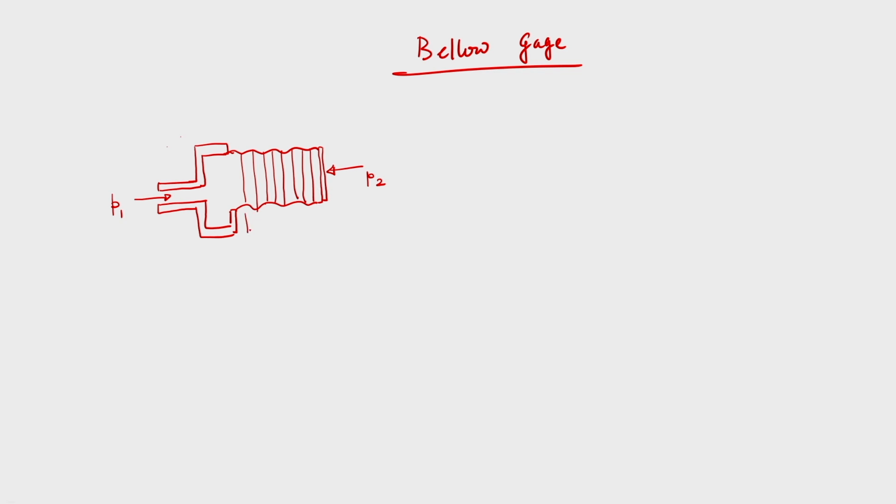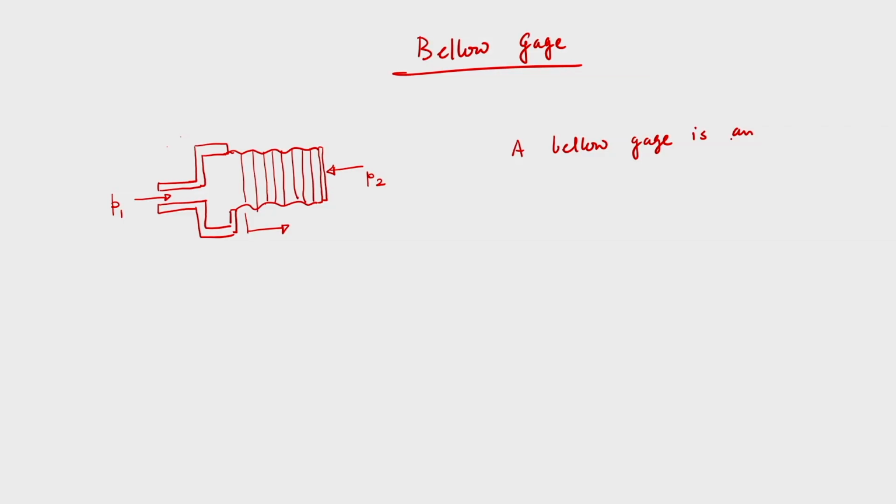So, this is a schematic depiction of a bellow gauge. Again we can see that it works on the principle of a displacement or deformation of a structure when you apply pressure difference, that is P1 minus P2. Now, this is a typical bellow gauge, and I have drawn it schematically here.